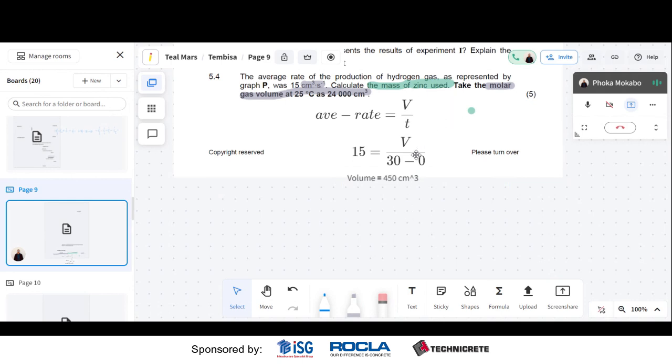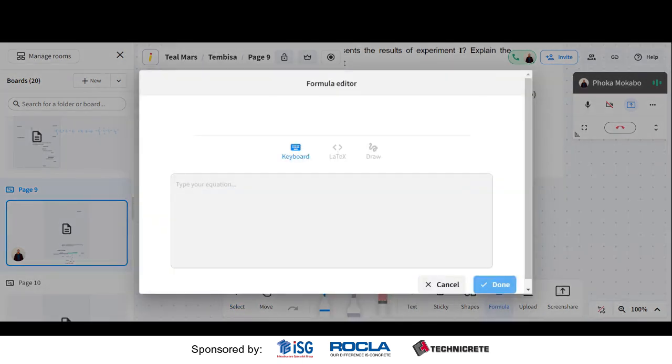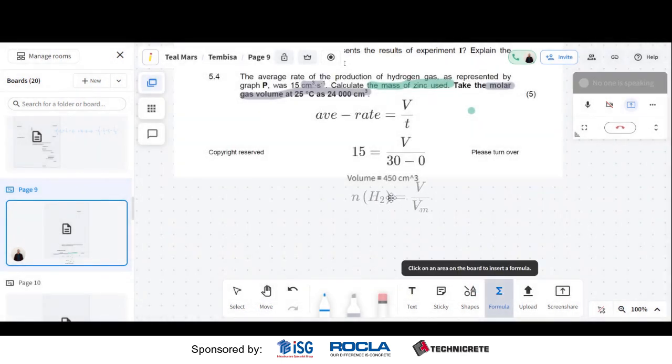And if you want the number of moles of hydrogen gas that is produced, you will say the number of moles of hydrogen gas is equal to V over Vm, which is the molar gas constant.